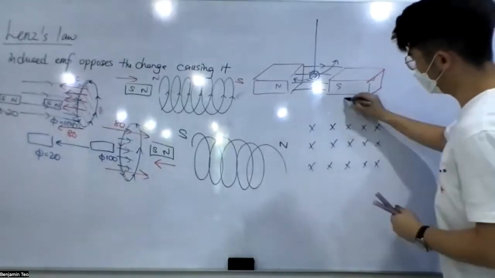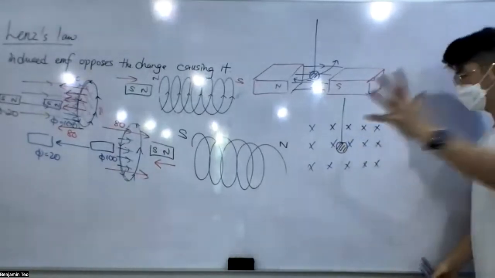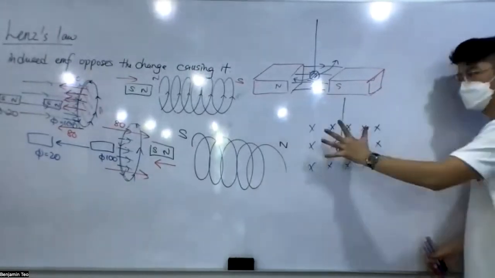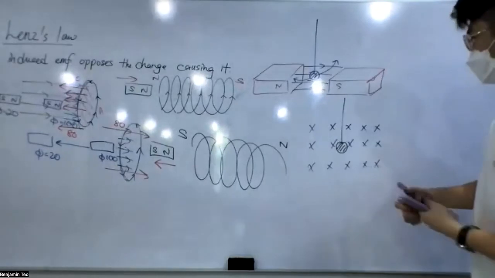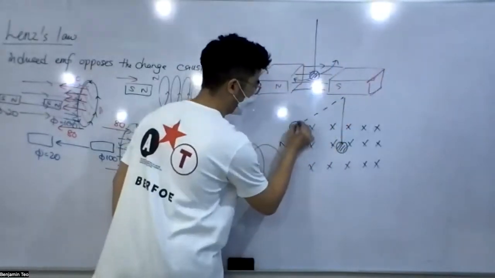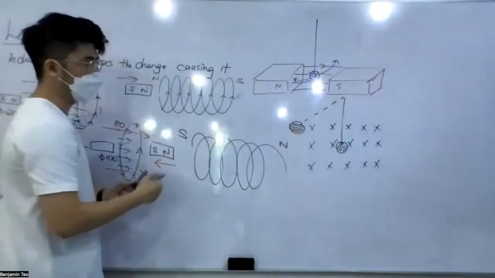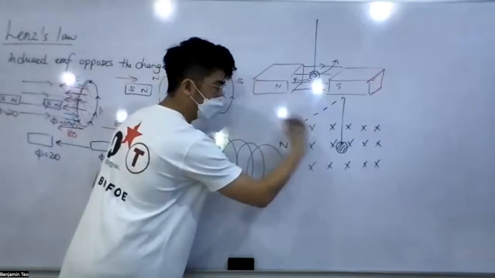Okay, this is the conductor. So the field is like going towards the bottom, like this. And I allow this to swing here. Every time it tries to move away, the polarity will try to attract it.